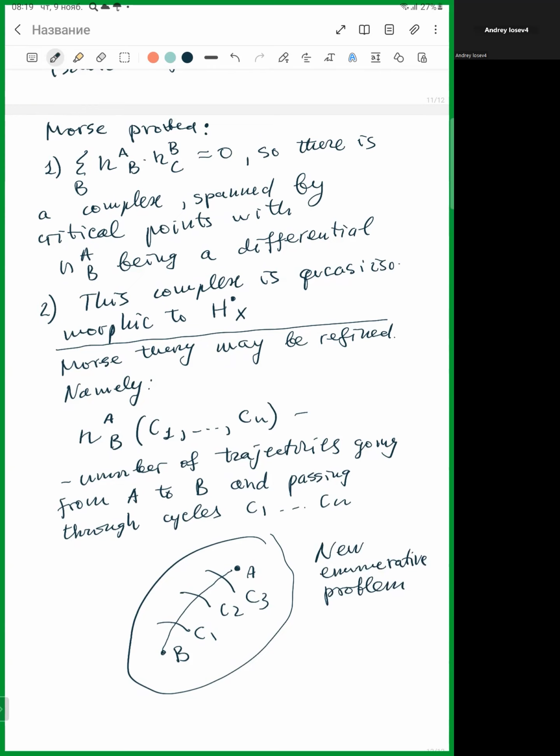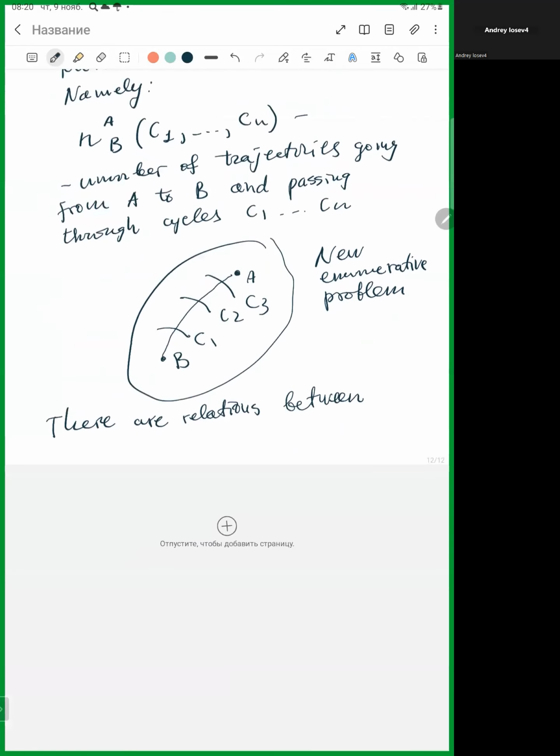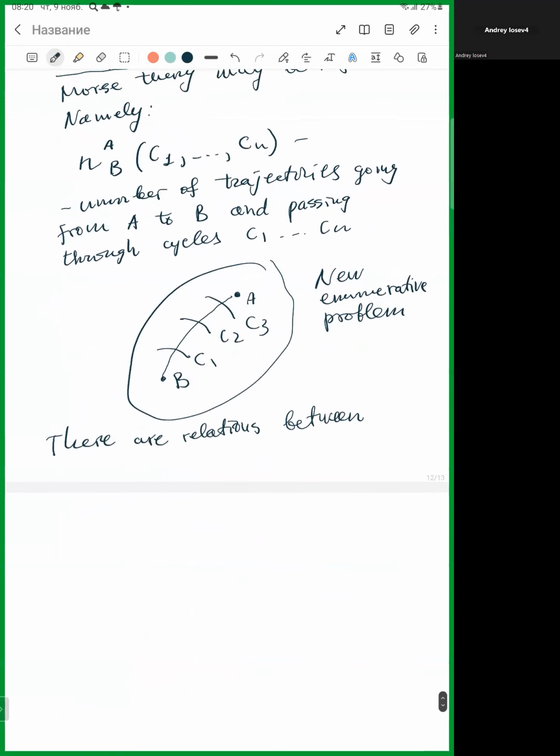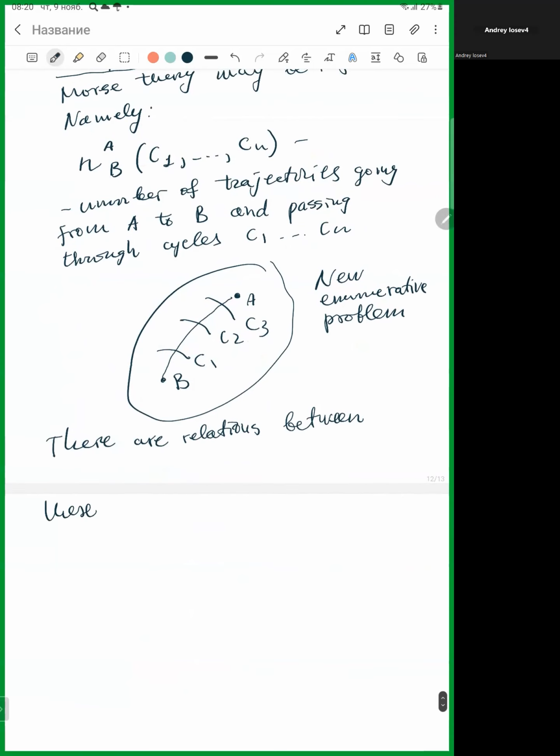Now, it is instructive. Now there are relations between these numbers.